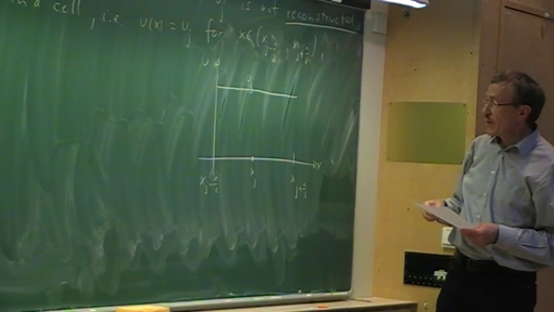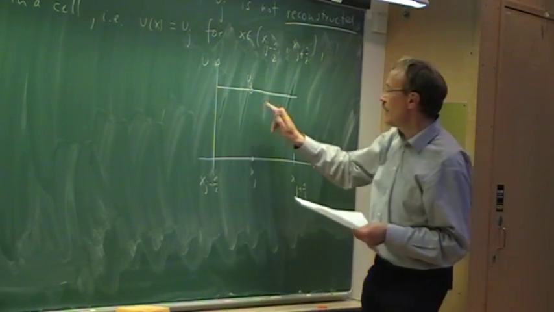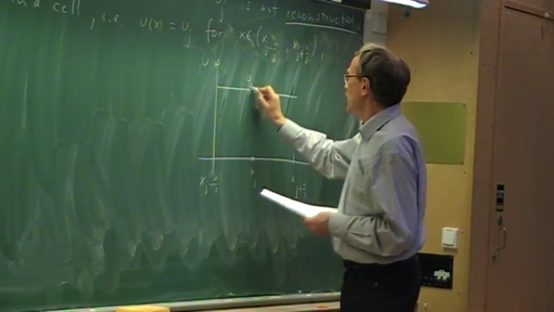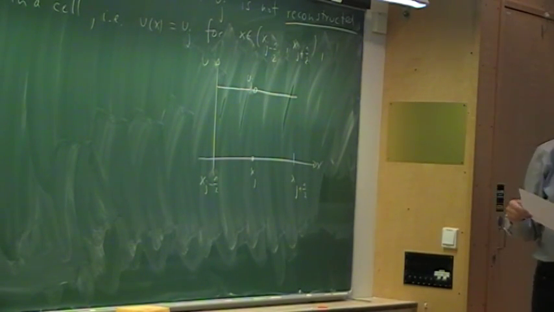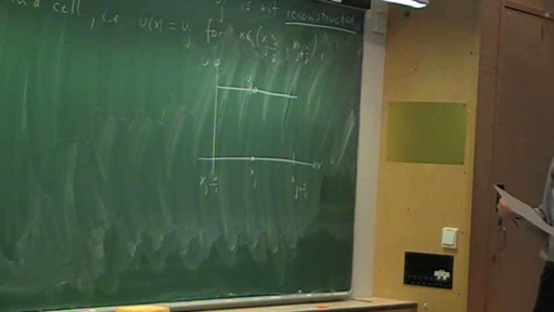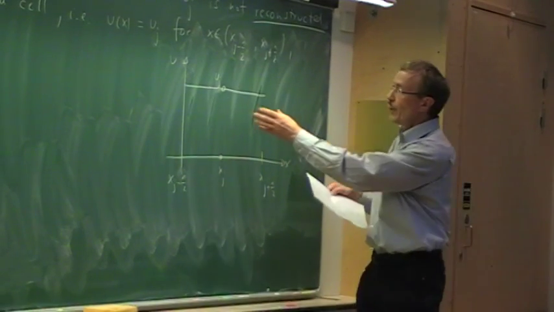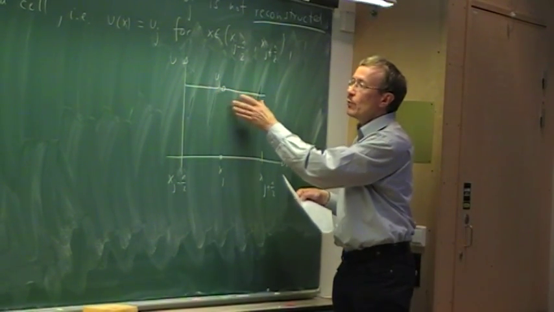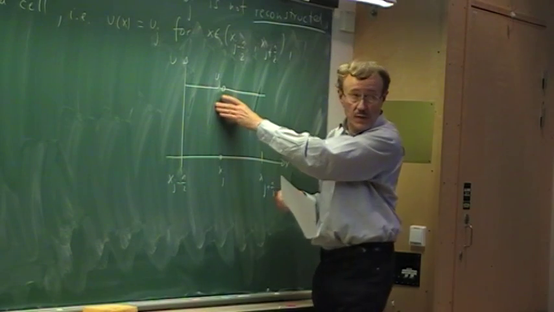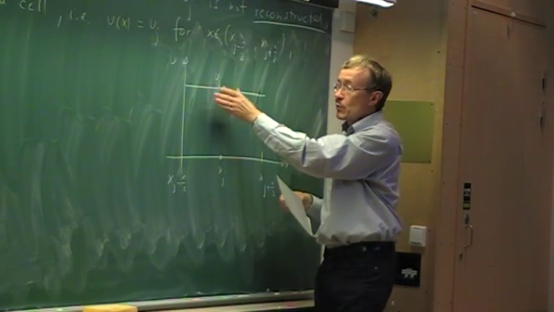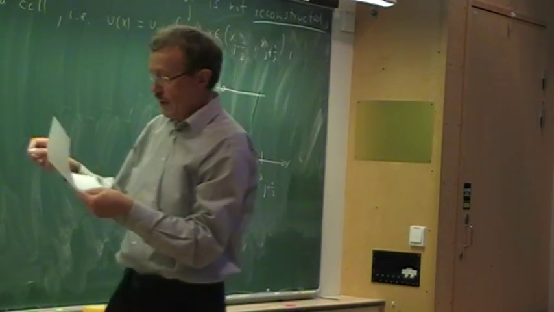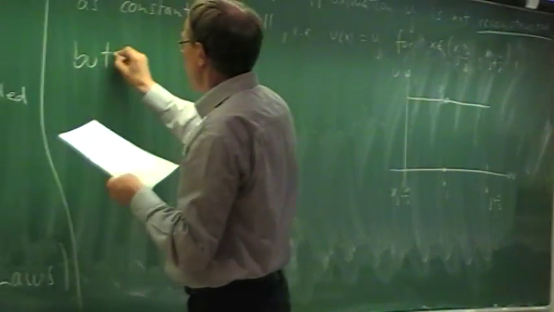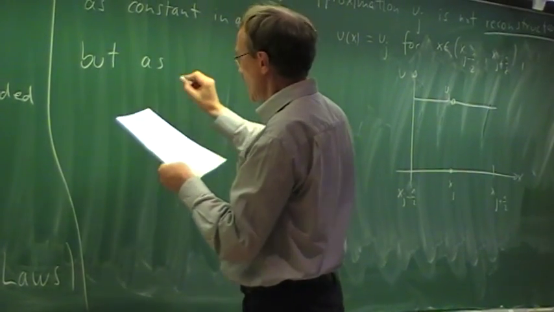So reconstruction means that we have the average, and from that we get how the function looks. So we get from the average some knowledge of how u looks as a function of x inside the cell. And the simplest way is to assume constant. That is what Godunov has been using. But what van Leer has been using was that he has assumed that it is linear.